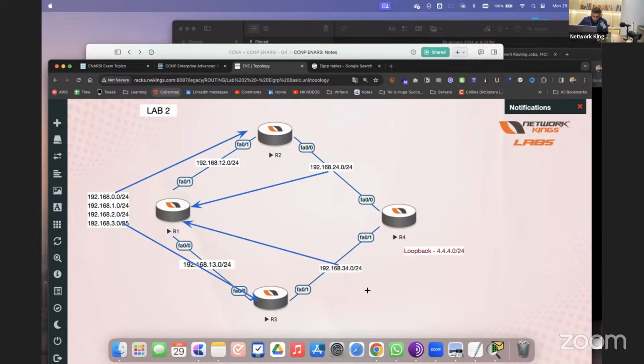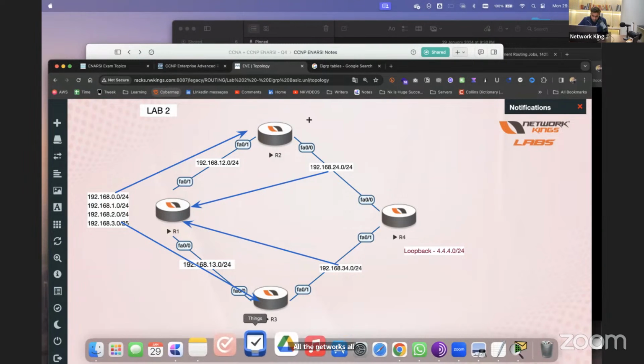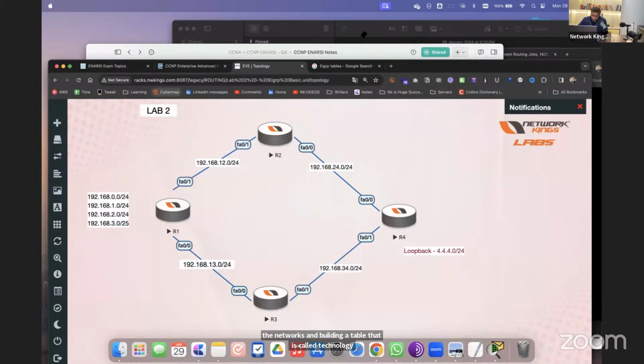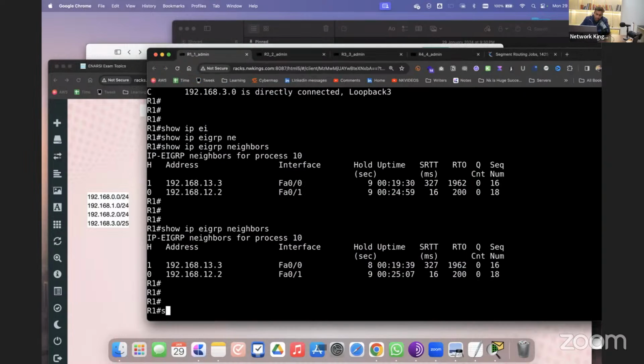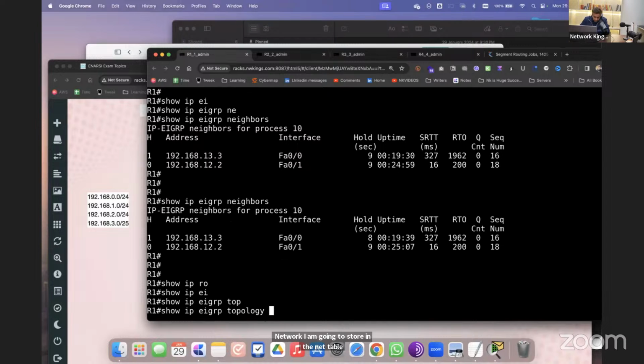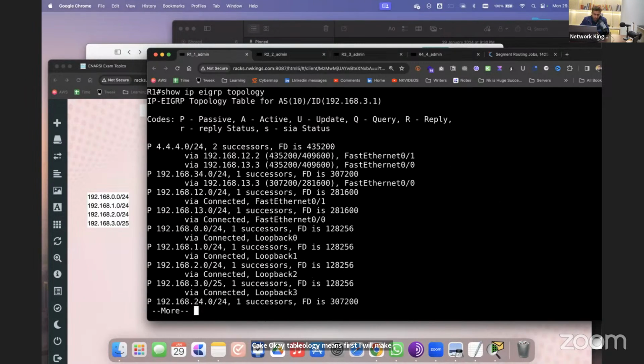So basically all the routers are sharing all the networks and building a table called the topology table. Whatever networks we receive, all the networks of my network, I am going to store in the topology table. So first I make the neighbor table, all neighbors share information with each other, and all that information I store in the topology table.